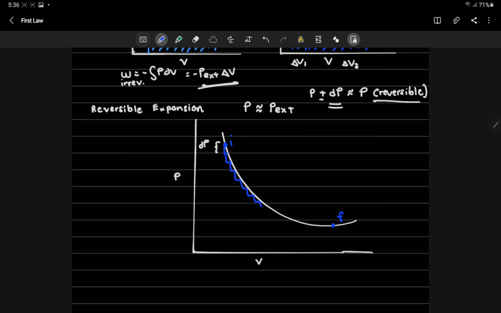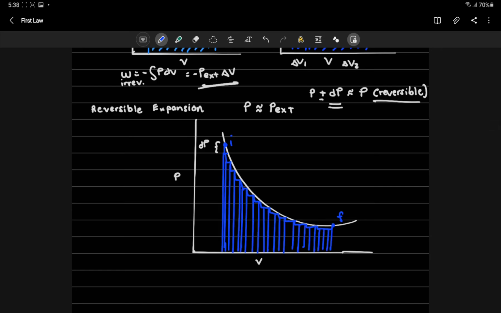Now notice that the change in volume that I'm doing here, okay, for all points dito sa curve natin is the same. So approximately, halimbawa, pare-pareho lang yan. Now, let's create our rectangles.